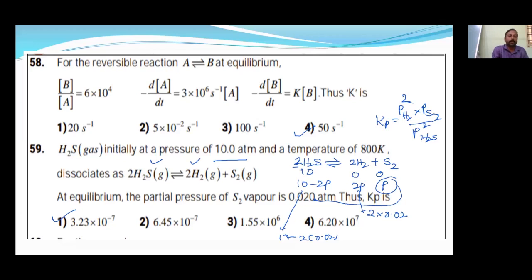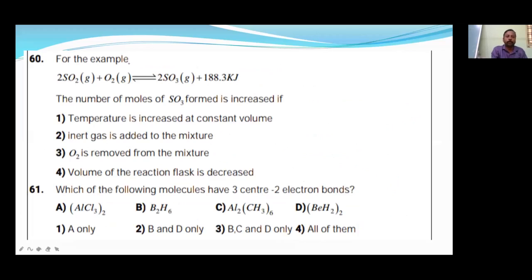Okay, next, for example, 2SO2 plus O2 gives 2SO3. Then the number of moles of SO3 formed, if, just look at Le Chatelier's principle application. Here it is exothermic. If temperature is increased, since it is exothermic, the SO3 formed will not be there.